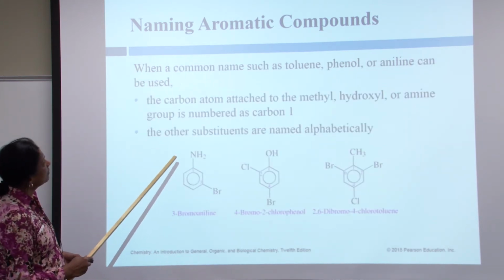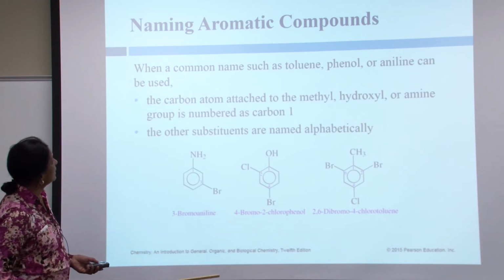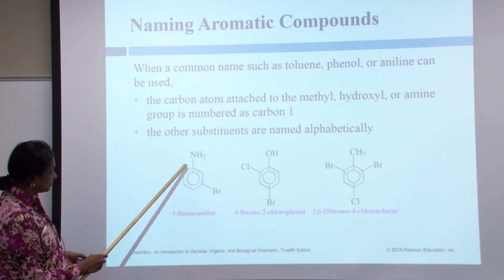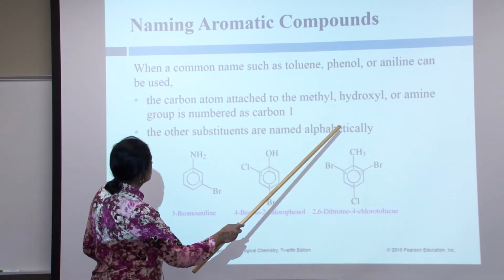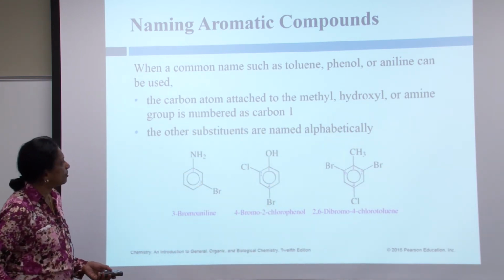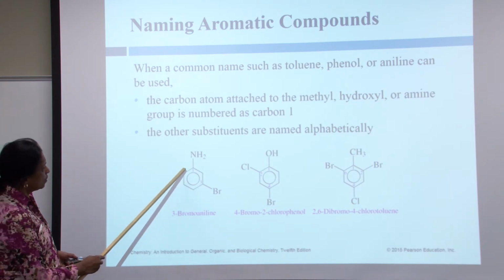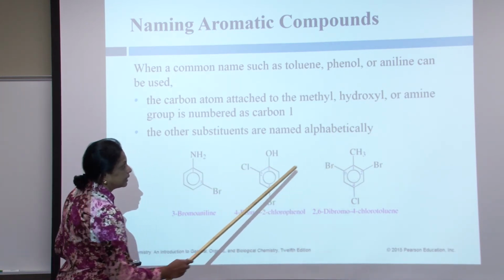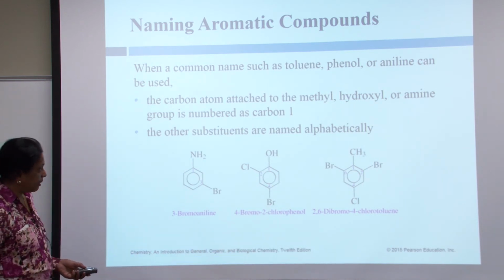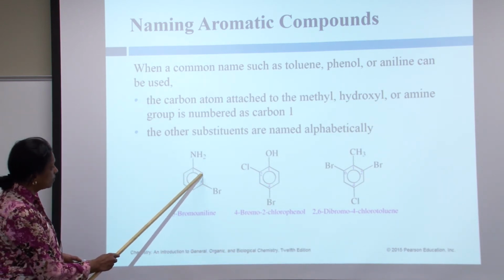When a common name such as toluene, phenol, or aniline can be used, the carbon atom attached to the methyl, hydroxyl, or amino group is numbered as carbon 1. So when you have an amino group, hydroxyl group, or methyl group, you give that number 1 and continue 1, 2, 3.